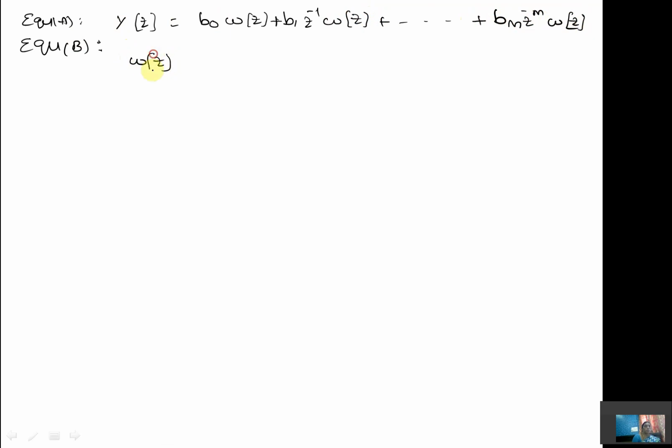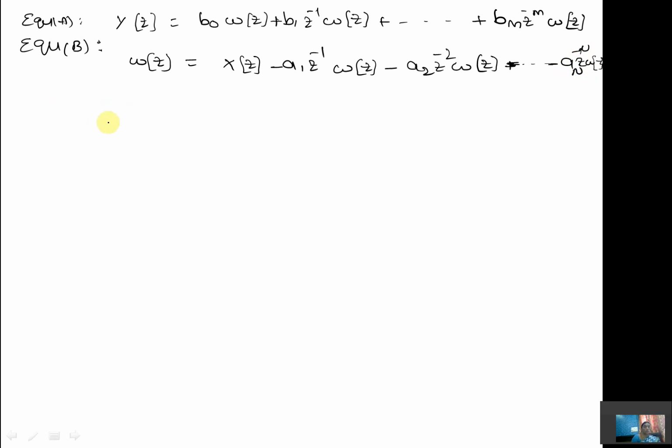Equation B is W of z is equal to X of z minus a1 z power minus 1 W of z minus a2 z power minus 2 W of z and so on, minus an z power minus n W of z.